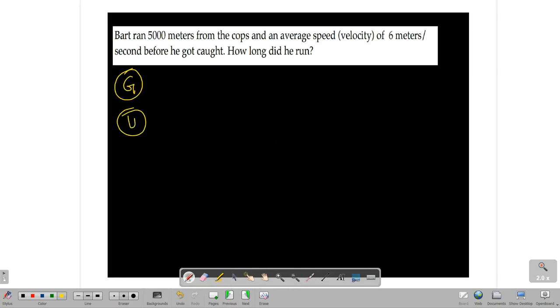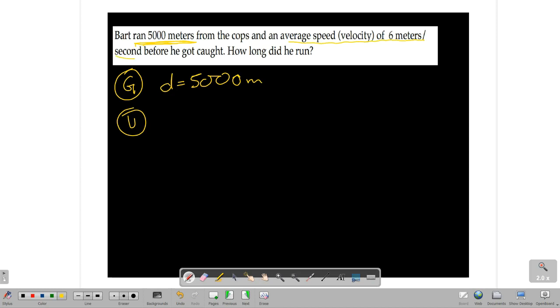So Bart ran 5,000 meters, so that's going to be a distance. So D is equal to 5,000 meters. Bart ran 5,000 meters from the cops at an average speed, velocity, of 6 meters per second.